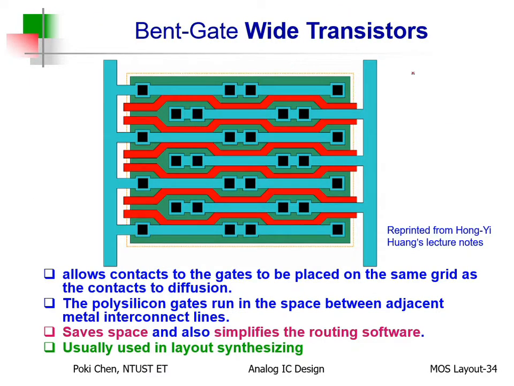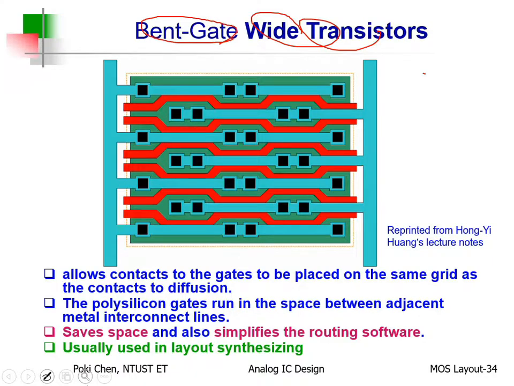Yeah. And then, for digital guys, if they need such a wide transistor, in the past, usually they apply such a pattern according to EDA tools. They don't need to do it by themselves. EDA tools can help. Bent gate. Okay?